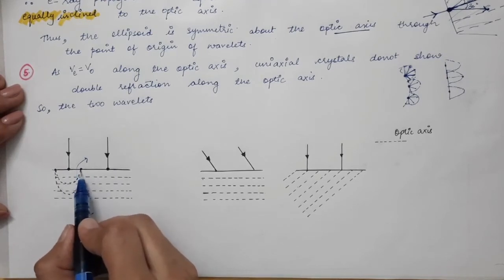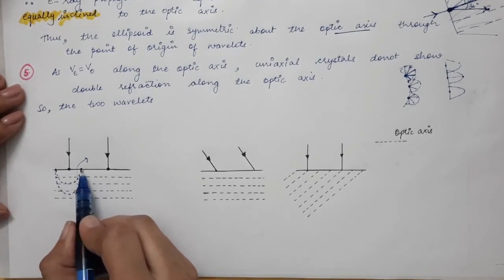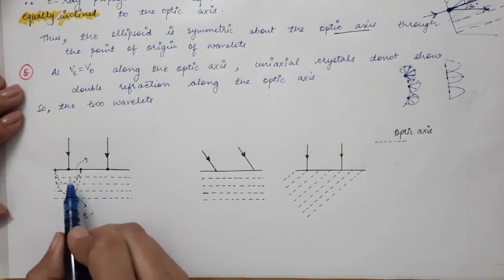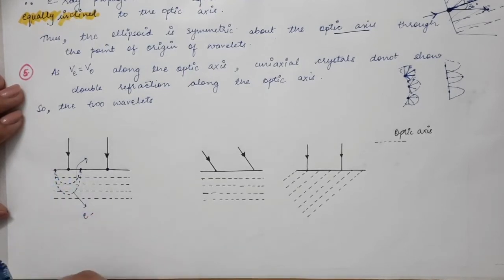By touching each other, we mean that if the O ray and E ray travel in this direction, their speeds will be exactly the same. If the O ray travels this distance, then the E ray will also travel the same distance in the same amount of time. Similarly in this direction, they will travel the same distance in the same amount of time.